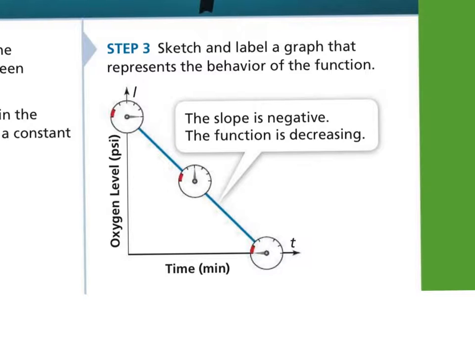And hopefully at some point in here, maybe, we'll resurface and get a different oxygen tank. Make sure, like they did on this graph, that you label the x-axis and the y-axis: time in minutes, oxygen level in PSI, which is pounds per square inch.